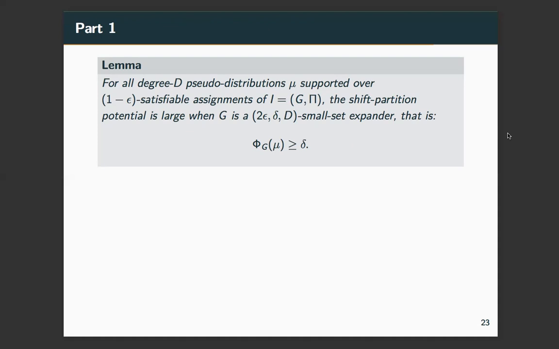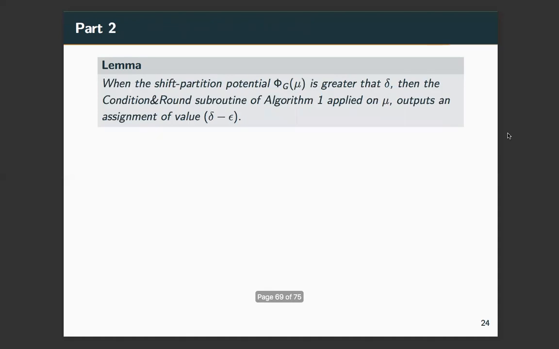Now, the most interesting part is that we can use the fact that this potential is large and show that whenever this potential is large, the condition and round subroutine of algorithm 1 applied on this distribution outputs an assignment of value delta minus epsilon.